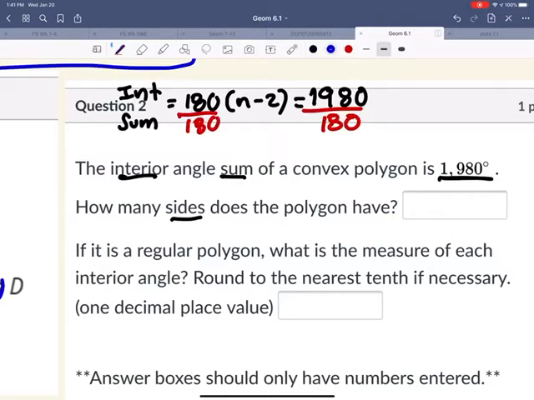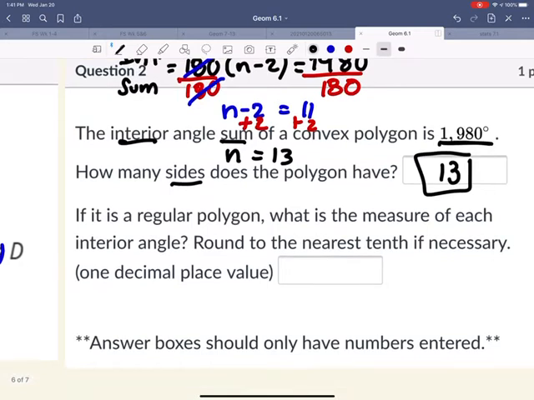I can divide both sides by 180. On this side, I get n minus 2, and on the right, 1980 divided by 180 is 11. Ooh, okay. So I add 2 on both sides, and I get n is equal to 13.